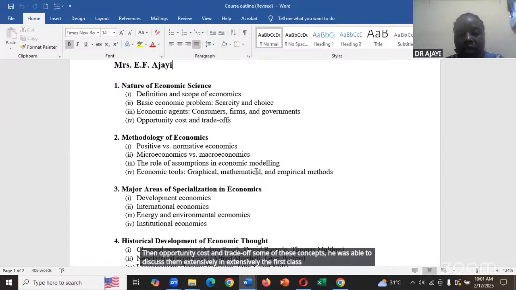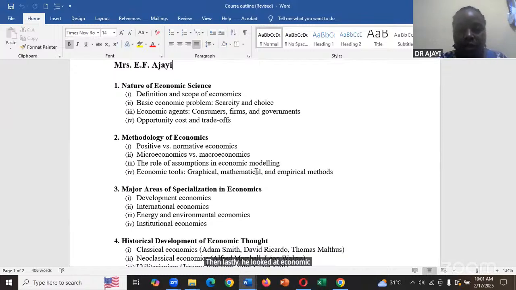Then in the second topic, methodology of economics, he looked at positive versus normative economics, microeconomics versus macroeconomics, role of assumption and economic modeling. Then lastly, he looked at economic tools of graphs, mathematical models, and empirical models.